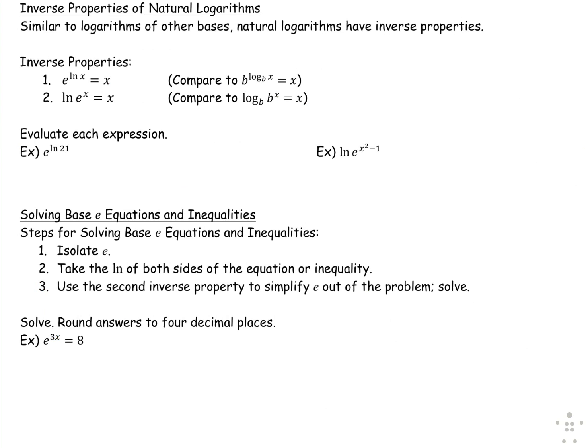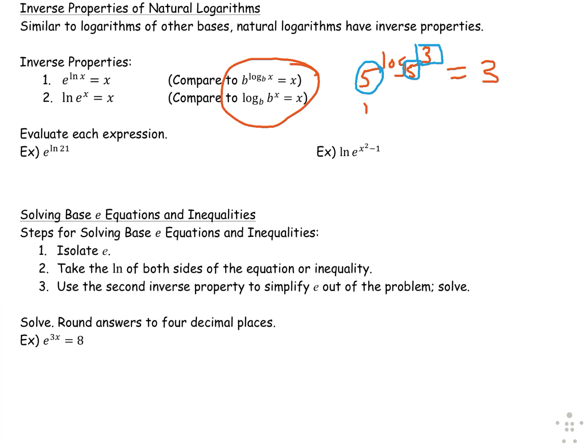Revisiting the inverse properties. Remember these two? If you have 5 raised to the log base 5 of, let's say, 3 power, you climb the ladder. When the base matches the base of the log in the exponent, what you were taking the log of in the exponent is your answer. This equals 3.